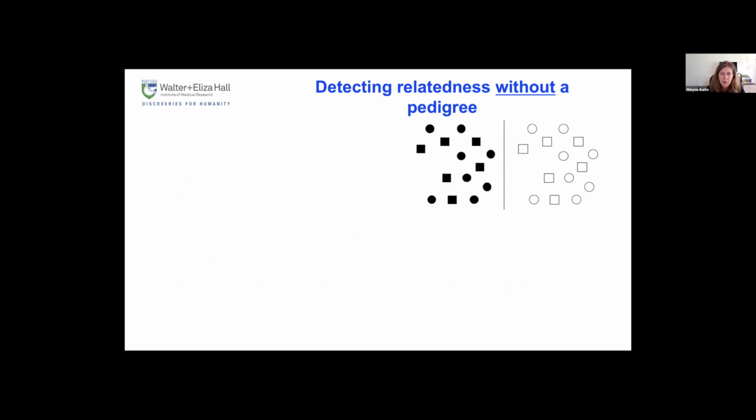So let's jump to a model now where we don't have a pedigree. This happens all the time in GWAS. GWAS cases and controls are ascertained usually under the assumption that they're independent, that they're unrelated. But they could indeed actually be related.